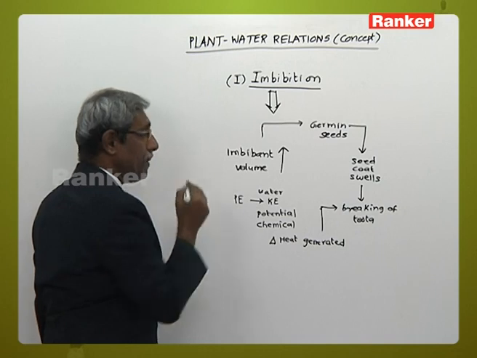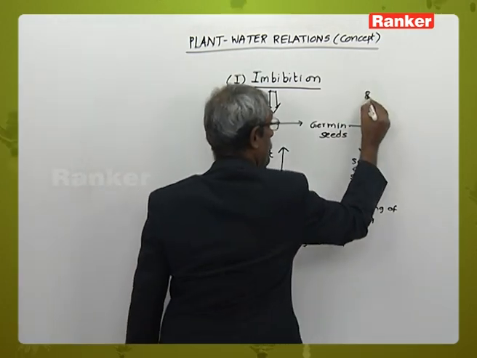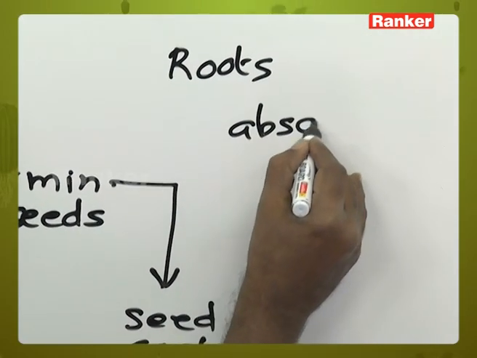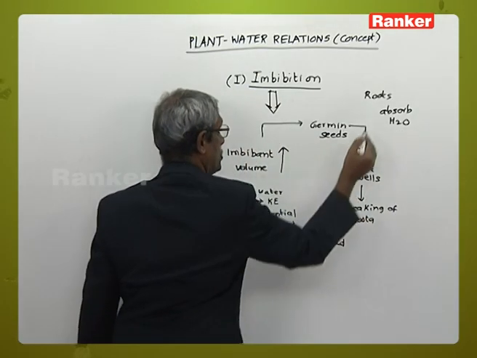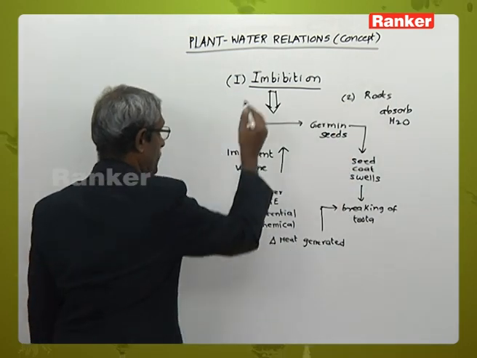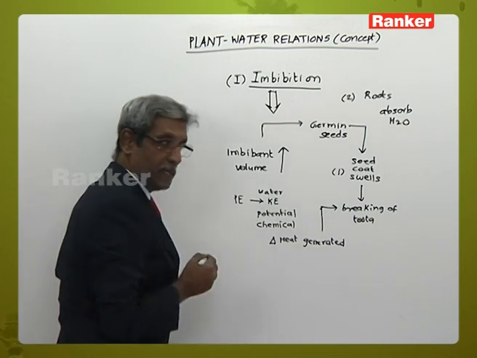Similarly, another example of imbibition is how roots absorb water. Roots absorb water by the process of imbibition. This is a second example. Seed coats swell, especially in legumes.